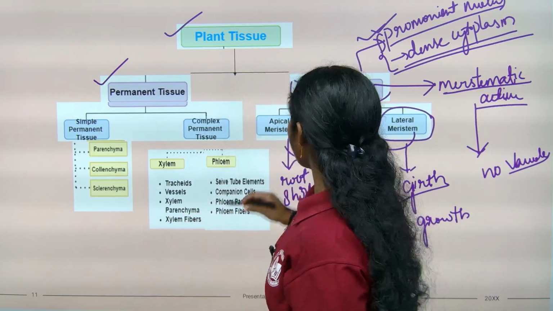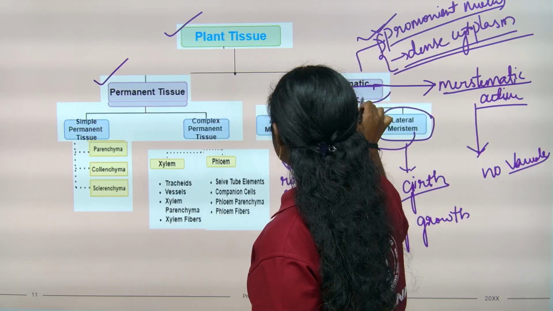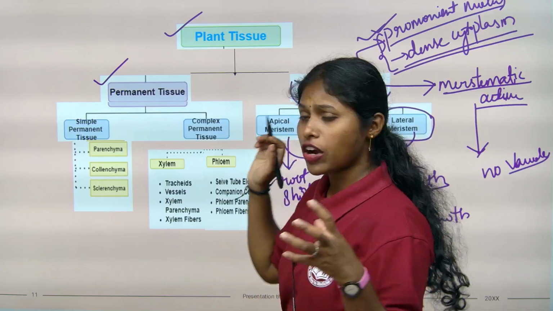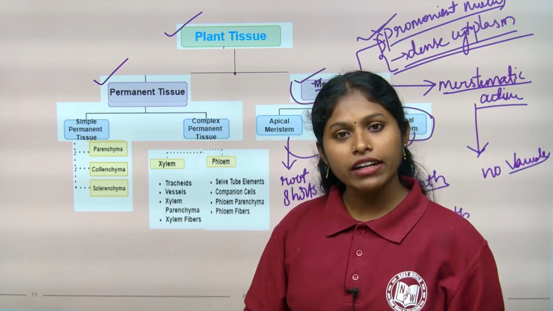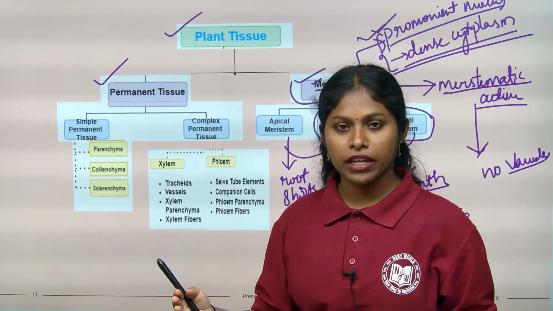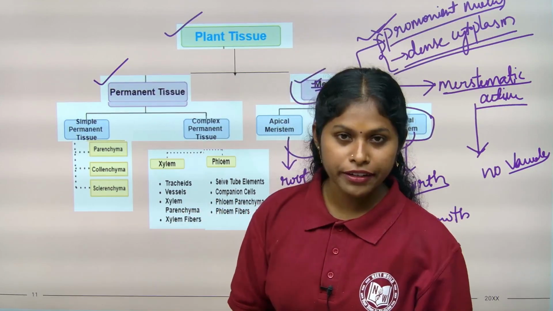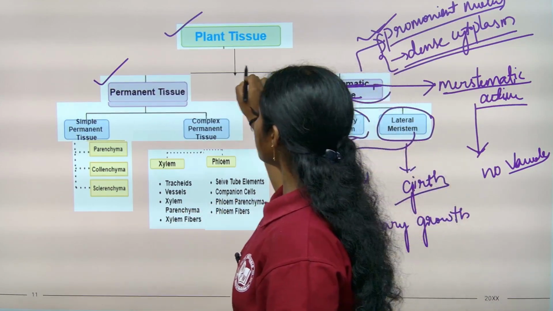So here also, what is the function of the meristematic tissue? Actively dividing cells, where division is continuously happening. When these cells lose the ability to divide, they become permanent tissues.